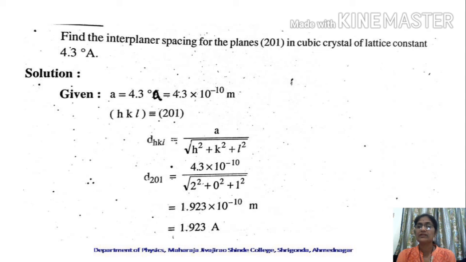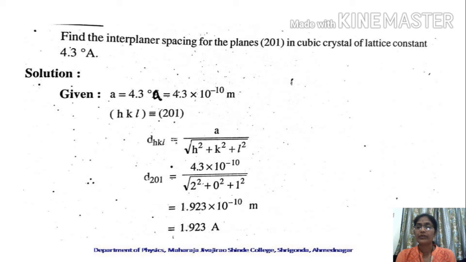By substituting these values in the formula, D is equal to A upon square root of H square plus K square plus L square, one can easily find out the interplanar spacing, that is D value. So D is equal to 4.3 into 10 raised to minus 10 divided by square root of H value is 2, so 2 square, plus K value is 0, so 0 square, plus L value is 1, so 1 square.